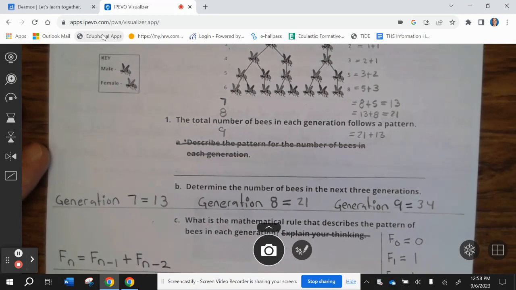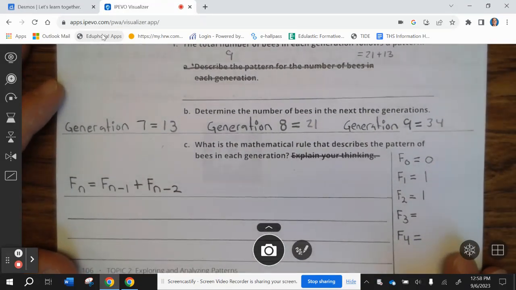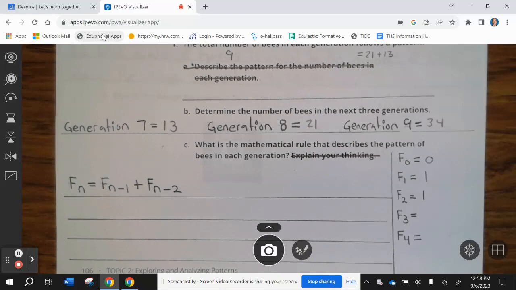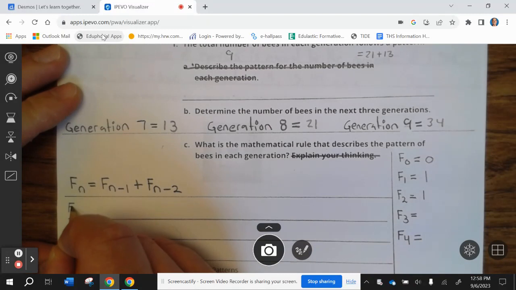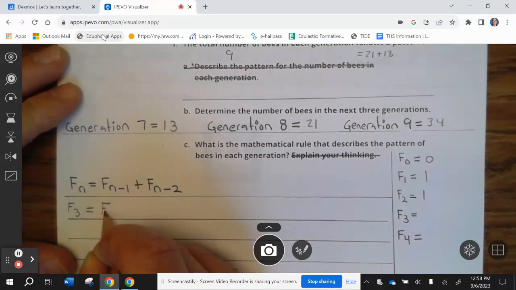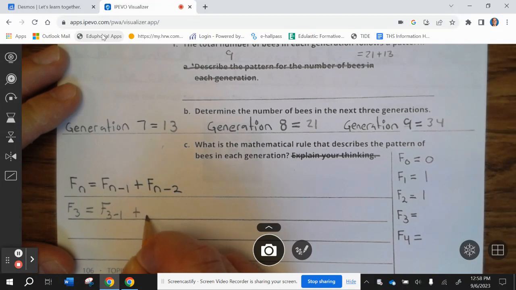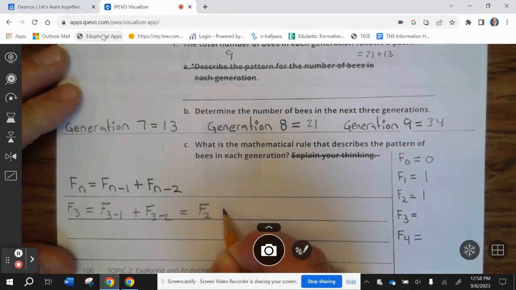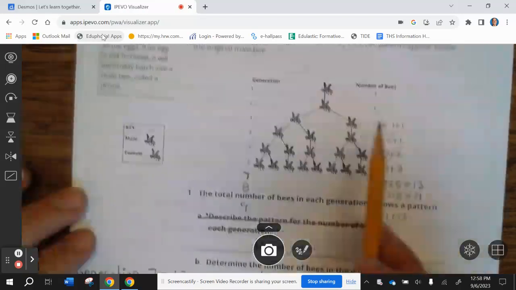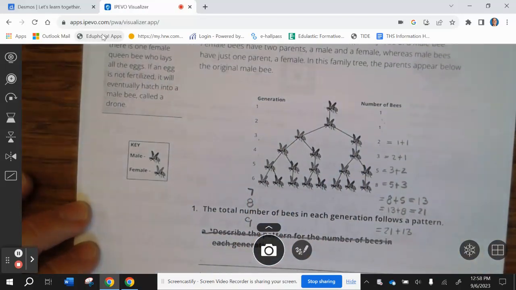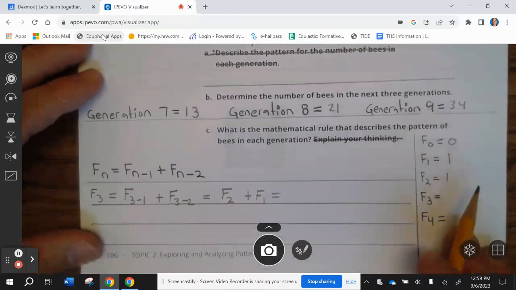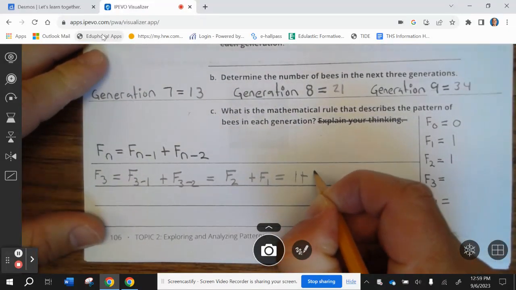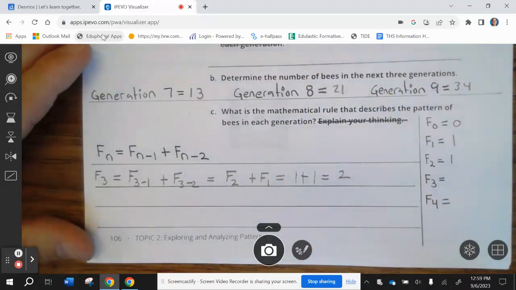Okay, let's take a look at the next piece. What is the mathematical rule that describes the pattern of the bees in each generation? So to find 3, f of 3 would be f of 3 minus 1 plus f of 3 minus 2, which equals f of 2 plus f of 1, which we know f of 1, looking from here, is 1, and f of 2 is 1, so that would be 1 plus 1, which equals 2.